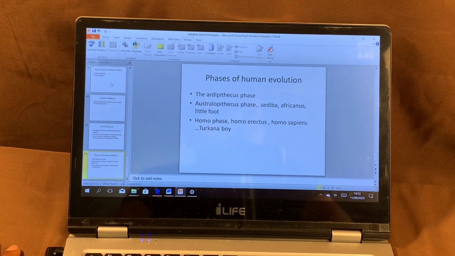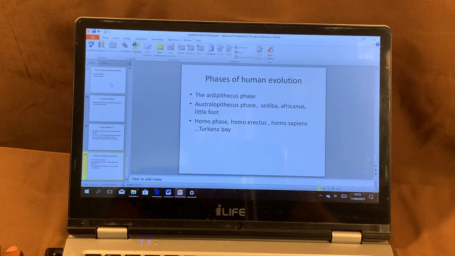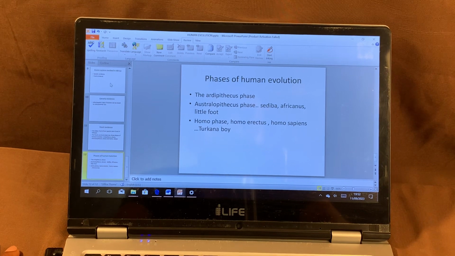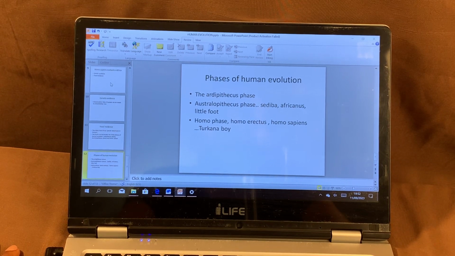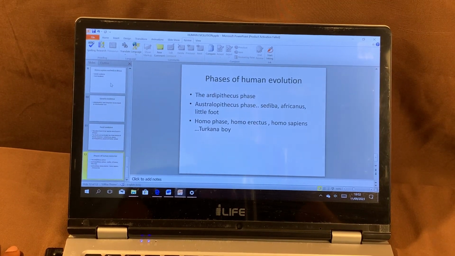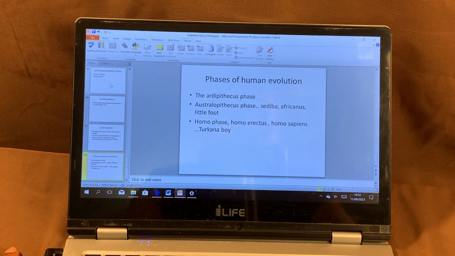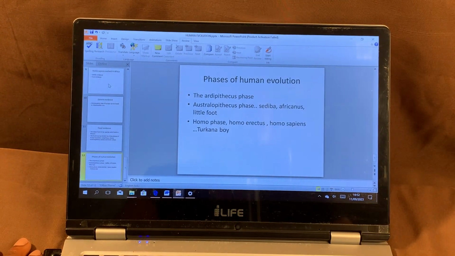Little Foot, we don't know if it was a boy or a girl. Find the gender and tell me in the comment section. Then we have the Homo phase, with Homo erectus and Homo sapiens, which is us, and an example of a fossil found is Turkana boy.